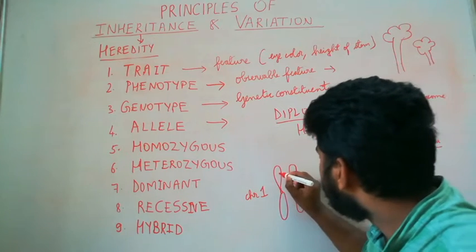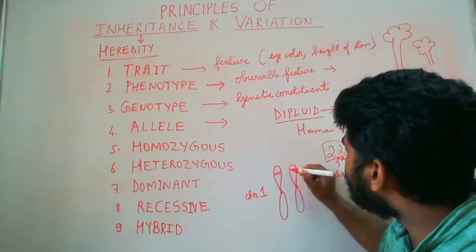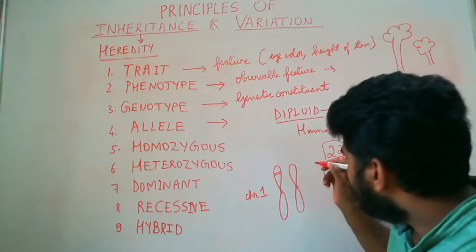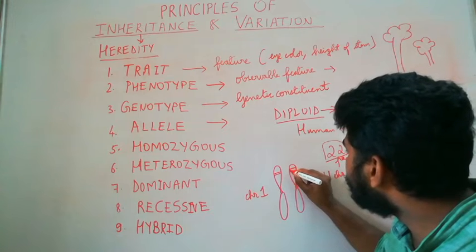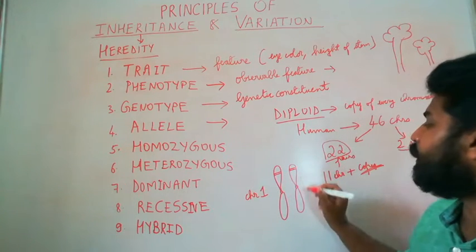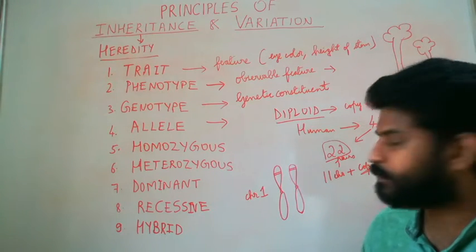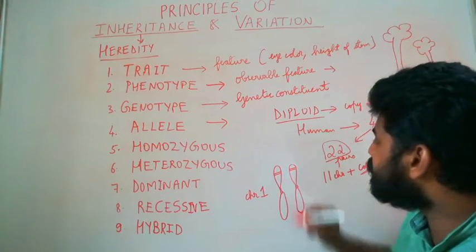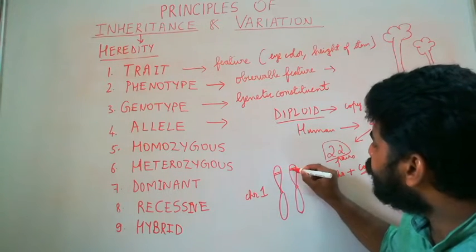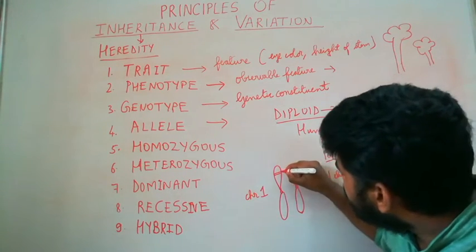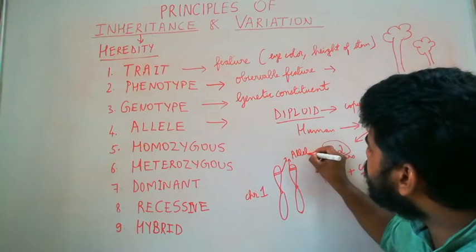Let us say there is a gene that is present here that is responsible for eye color. The exact same gene will be present in the same position in the copy also. So genes are present in twos. This we call alleles.